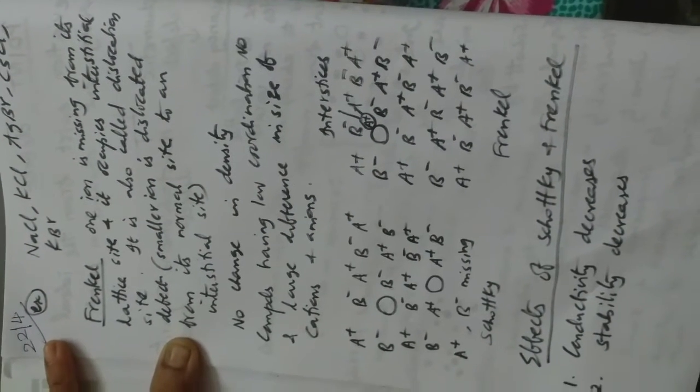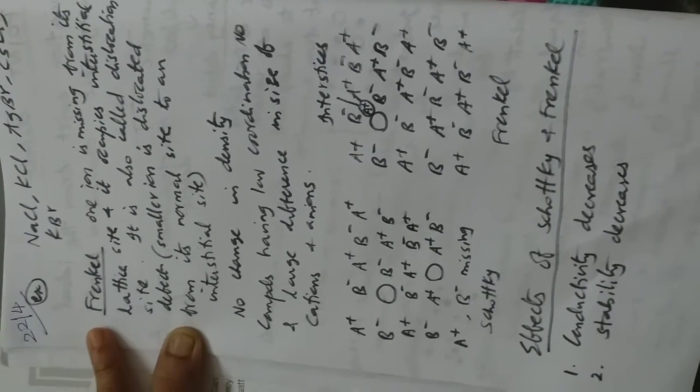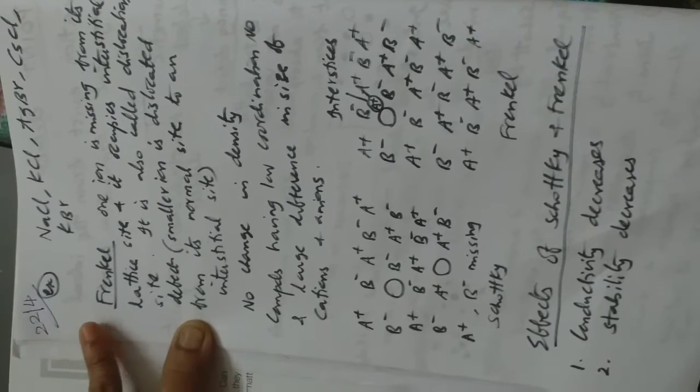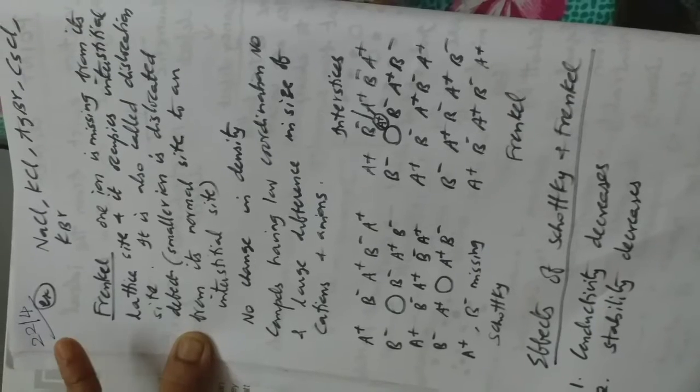Next is Frenkel defect. What is Frenkel defect? One ion is missing from its lattice site and occupies the interstitial site. It is also called dislocation defect. It is a combination of vacancy defect and interstitial defect. Normally the cations are missing from their lattice sites because they are smaller in size and occupy the interstitial site.